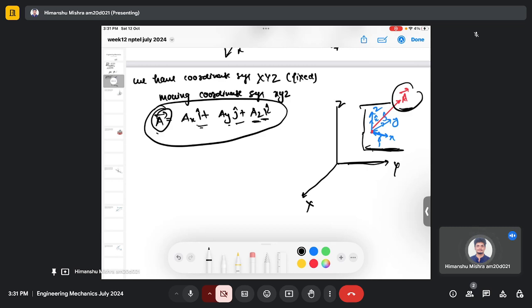As the vector A is changing in time, this moving frame is also changing in time with some other angular velocity. So vector A is moving, the moving frame is also moving, both are moving, and we have defined this vector with respect to the moving frame, right?